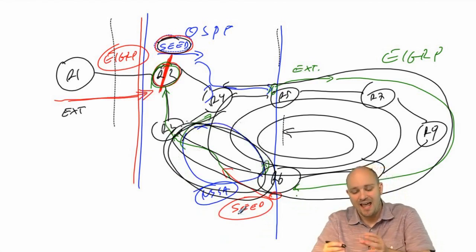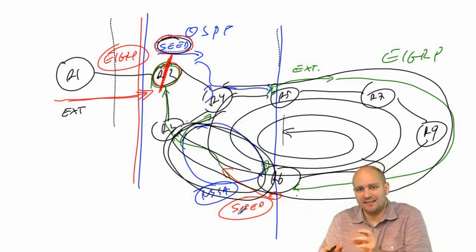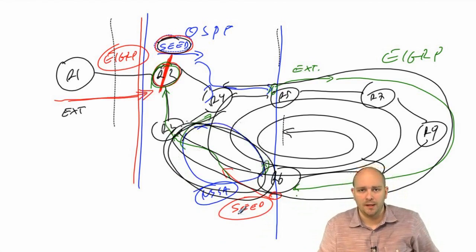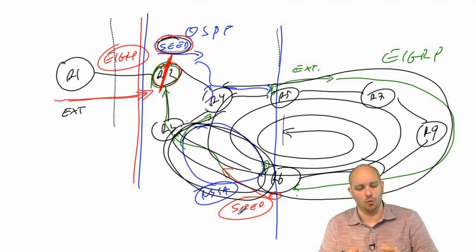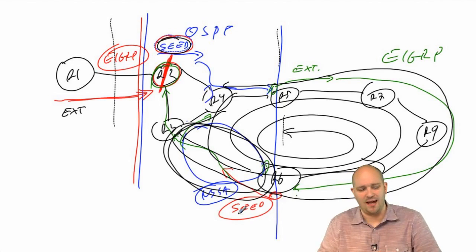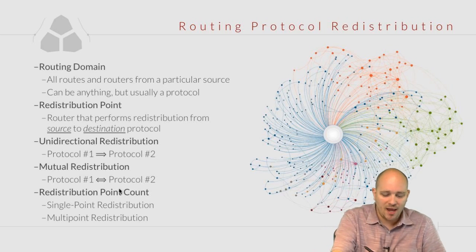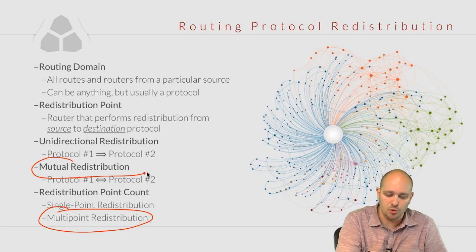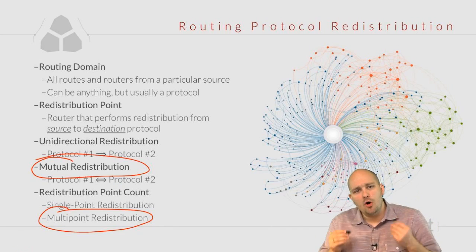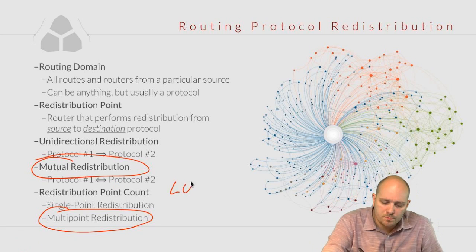So many little things need to assemble for the loop to be created. So it is not a given that you are going to have the loop. But whenever you have a situation with multi-point mutual redistribution, be on the lookout that a loop is possible.